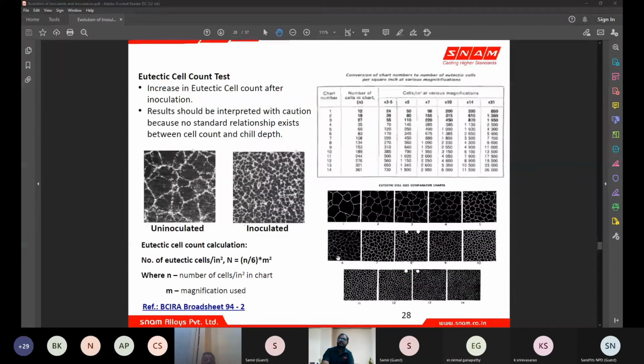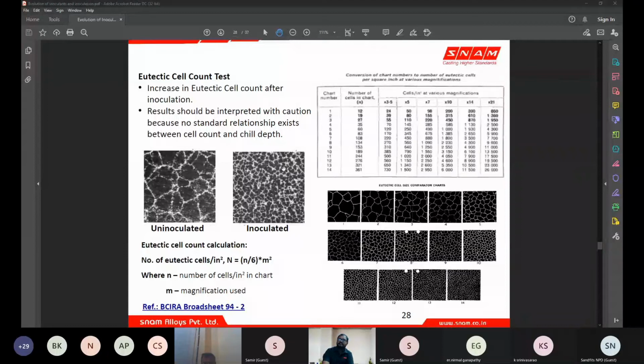And then comes the eutectic cell count test. Here, eutectic cell count is a microscopic analysis. You take the sample, cut the sample, etch it with a special etchant, and then view it under a microscope. You start getting the cells like this, and you compare it with the comparison chart available.